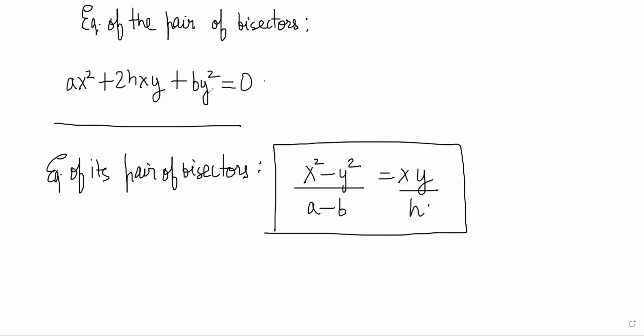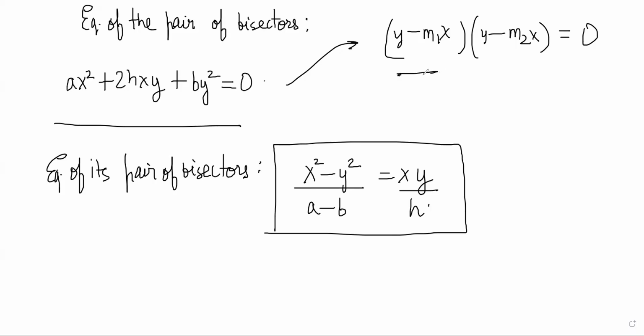Now, I will leave that to you. You should be able to prove this. First, write these equations as y minus m1x times y minus m2x, and then try to do the bisectors of these two lines, L1 and L2. When you get the bisector equations, multiply the two bisector equations and prove that this is the final equation that comes for the pair of bisectors.